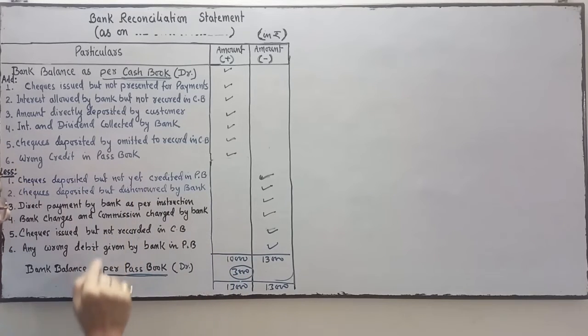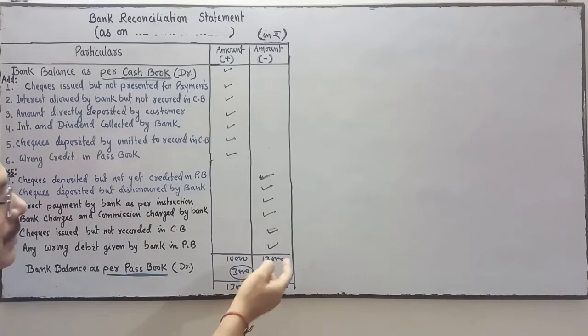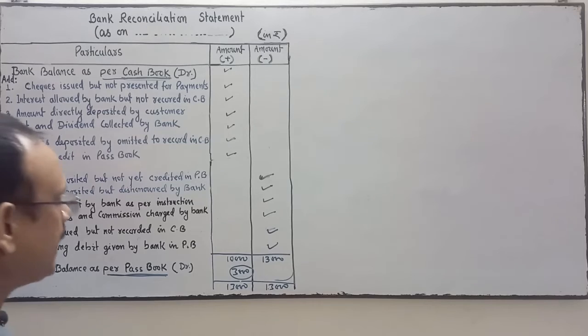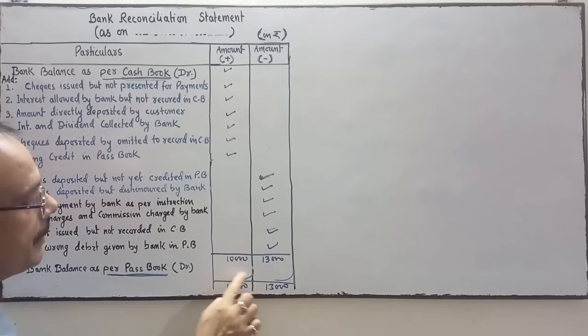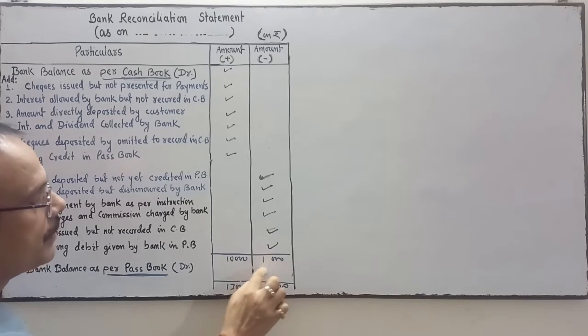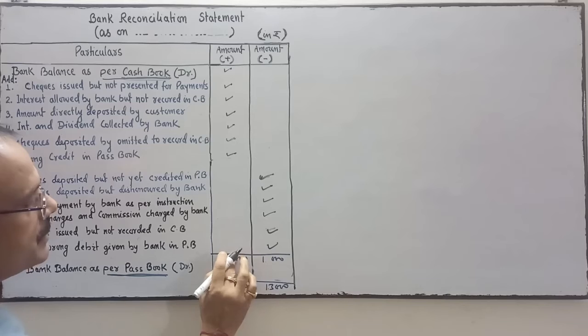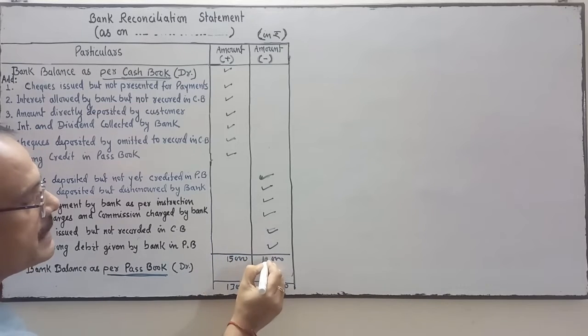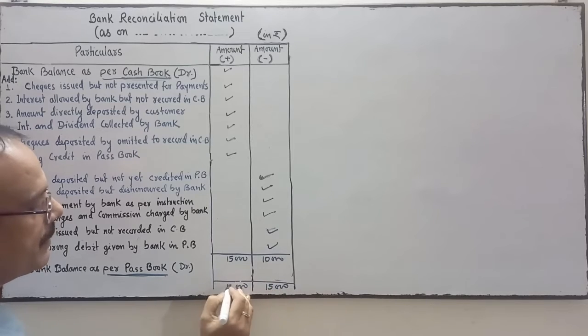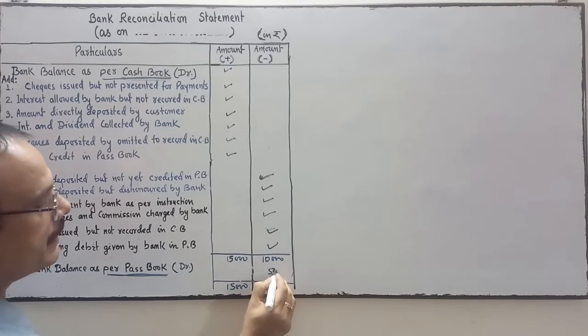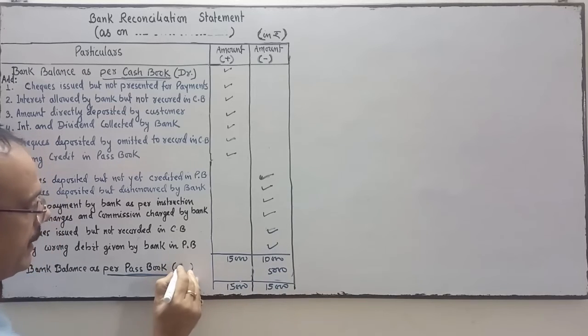So this indicates the bank balance as per passbook. We start with the cash book, so the answer will be bank balance as per passbook. If the minus side is more, then the bank balance as per passbook is an overdraft balance. And if the debit side is more, suppose the debit side balance is 5000 and the credit side balance is 10,000, the difference will be 5000, indicating that it's a credit balance.